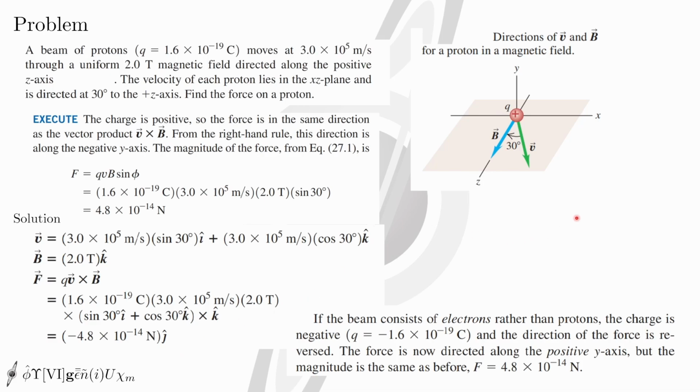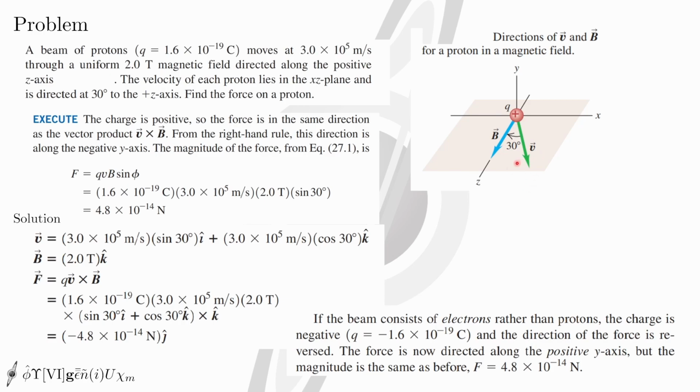So in this case, our proton is moving along this direction, and it is being deflected by a magnetic force that is along the y-axis. Since the value of the magnetic force is negative, it means that the magnetic force is pointing downward relative to this plane.